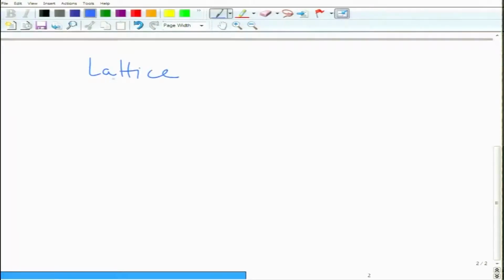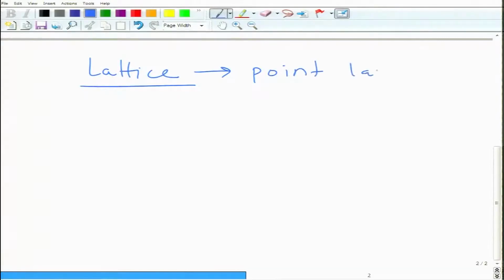In the previous lecture we learnt about what is a lattice. So a lattice is nothing but a 3D regular arrangement of points in space, with the condition that each point must have an identical neighborhood. So this is a point lattice. As long as you have points, it's a point lattice.